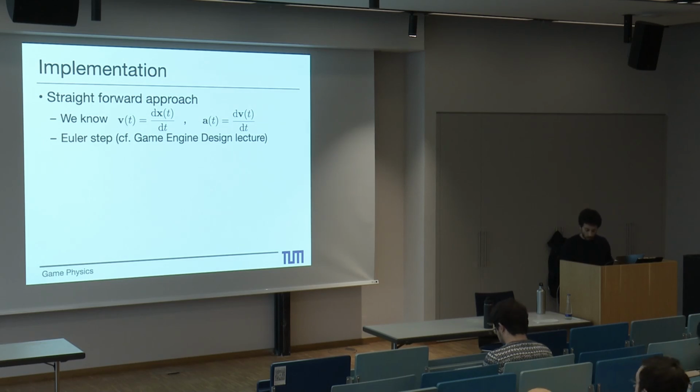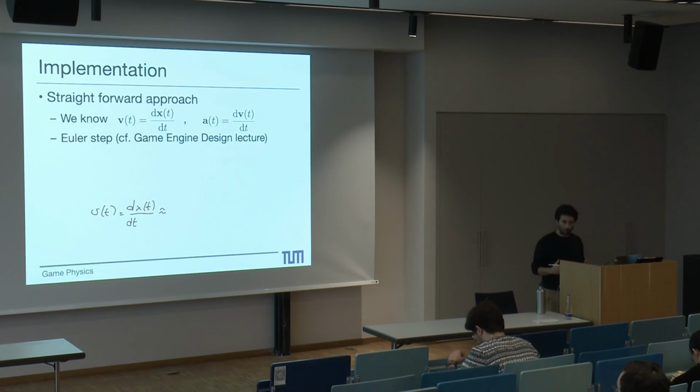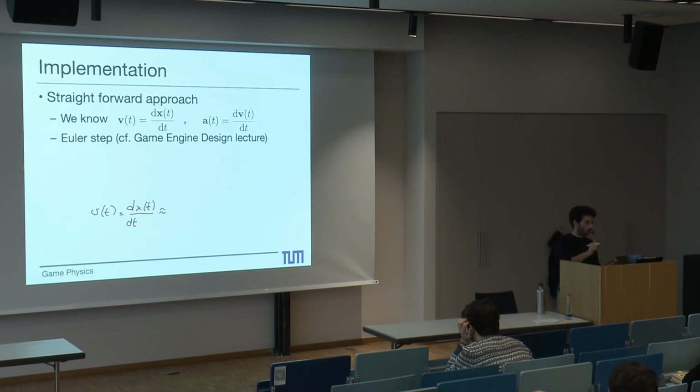So for instance, since we know that the velocity is given by the derivative of the position over time, we can approximate this variation in a finite way, because the derivative gives us the infinitesimal variation of the position with respect to time, but we can approximate it by looking at two different positions.